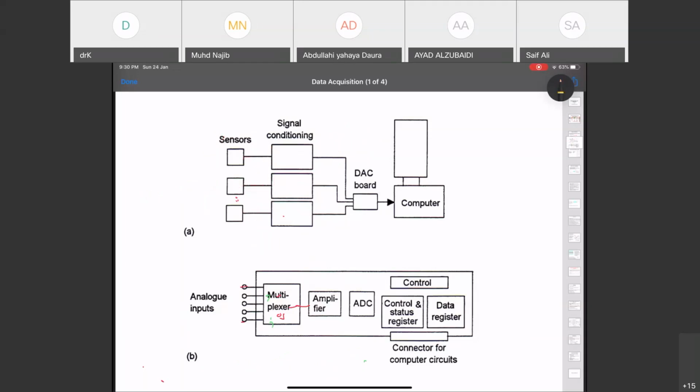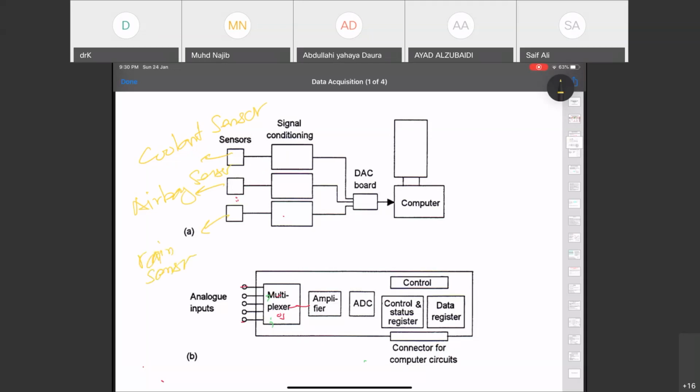This sensor, you know, is maybe coming from the car. I hope you can follow me here. This one is coming from here.